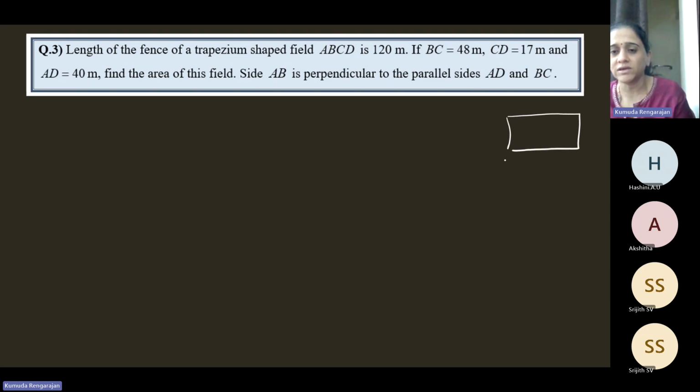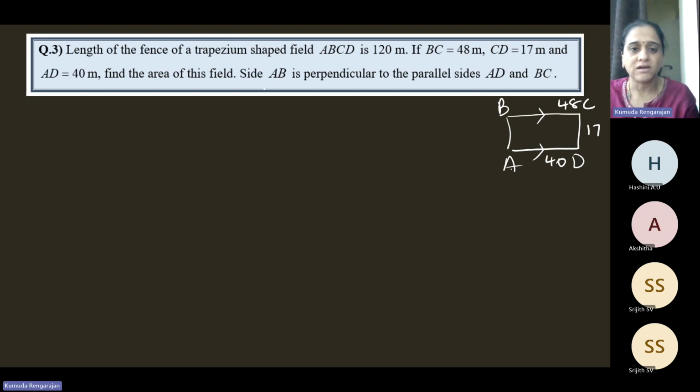These are the parallel sides, AD and BC. So A, B, C, D. Now BC is 48. CD is 17. AD is 40. And the side AB is perpendicular to the parallel sides AD and BC.